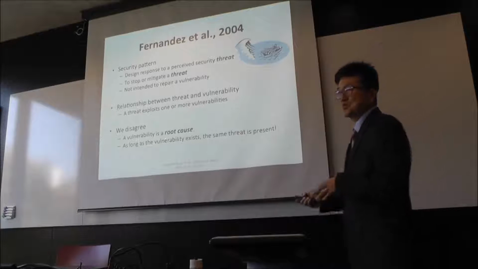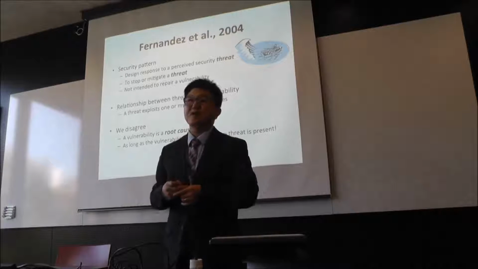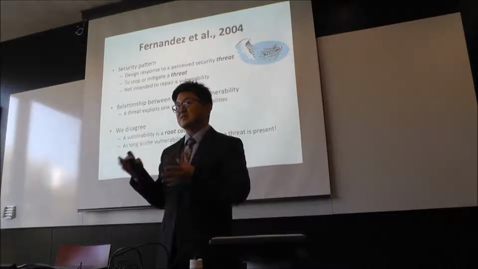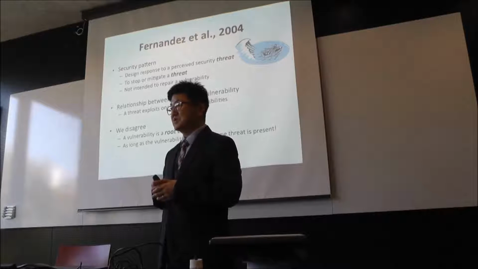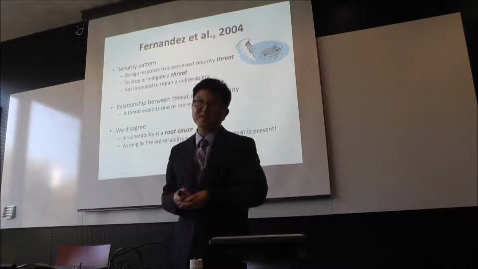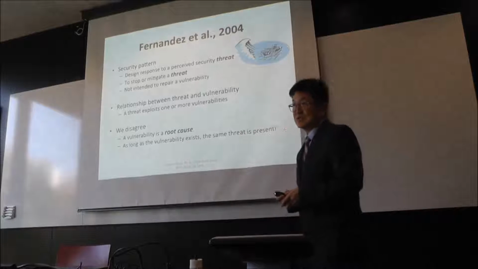Vulnerability is the root cause of all the problems. When attackers attack the software, they try to take advantage of these existing vulnerabilities. So in the end, what's really being exploited is the vulnerability. That's where everything originates from.